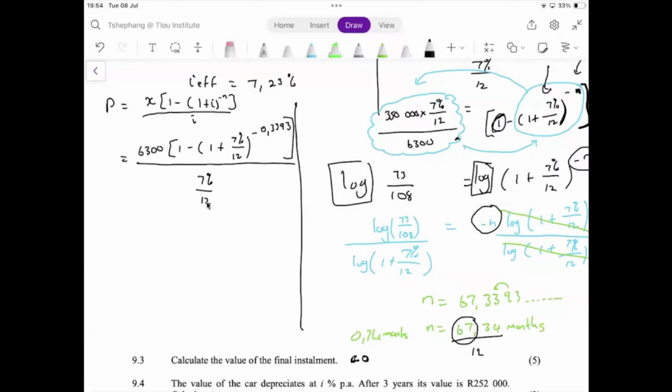Then all you do, you plug this into the calculator and check what it gives you. It must give you how much? 2,142.21. And just like that, you got your 5 marks.